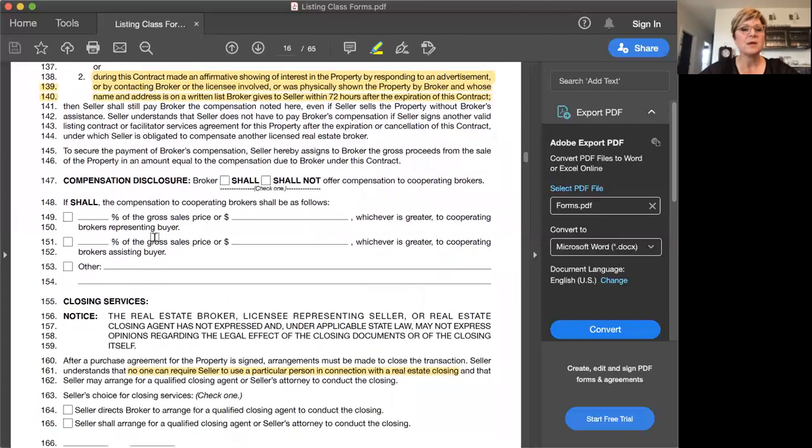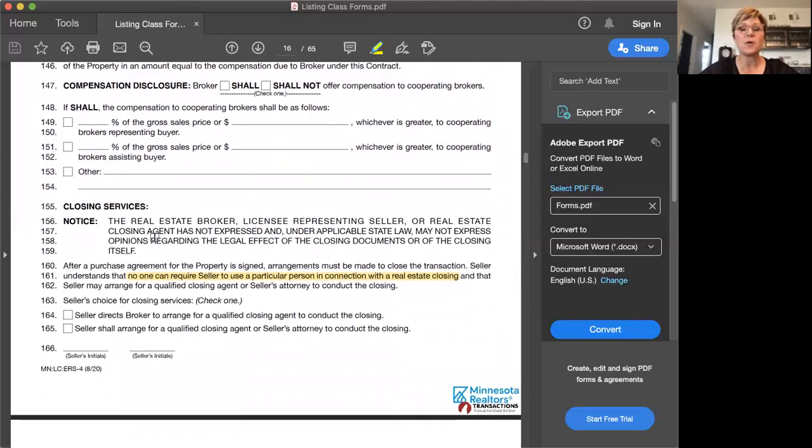Perfect. The next section talks about that compensation that we get and how we're going to share that with other cooperating brokerages. Okay. So line 147 says, are you going to be sharing part of your compensation with cooperating brokers? So if you check shall, then you're going to go through lines 148 through 154 in regards to how you're going to share that.